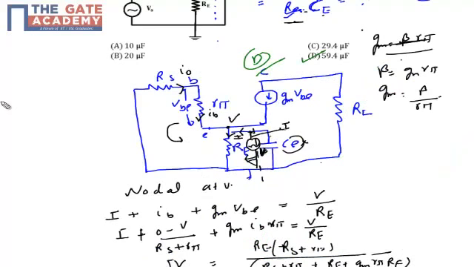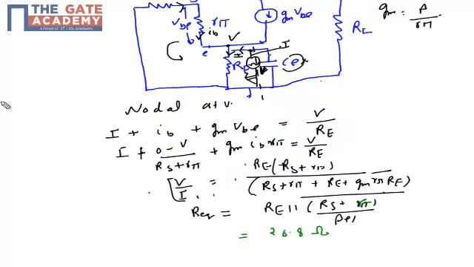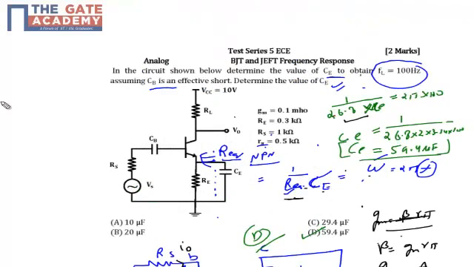In this case we have to find the equivalent impedance at the output terminal, so we short circuit the input voltage and calculate the impedance by assuming another voltage source with voltage V and current I, and find V by I, which is nothing but my R equivalent. This is the standard method. This kind of question is very important from the GATE point of view, especially in the common data and linked data questions. Thank you very much.